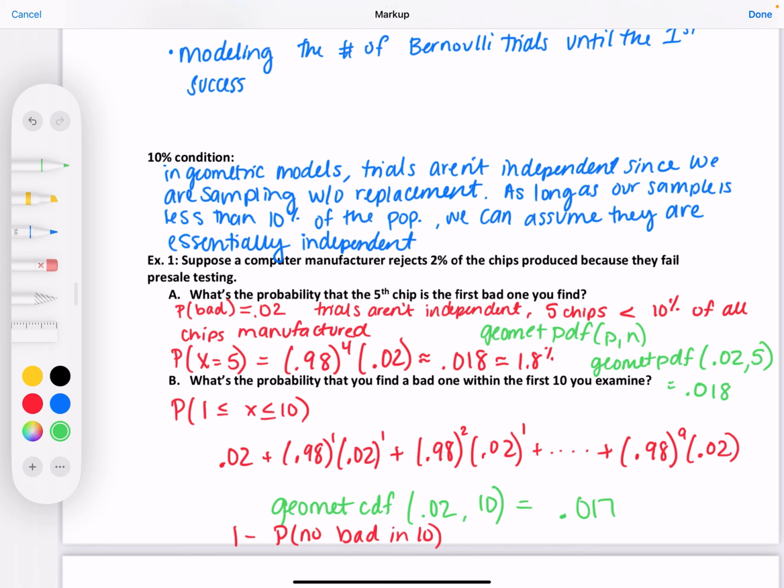Oh, I did PDF, it says CDF. Oh, yep, that'll do it. I said I got an error. Hold on.